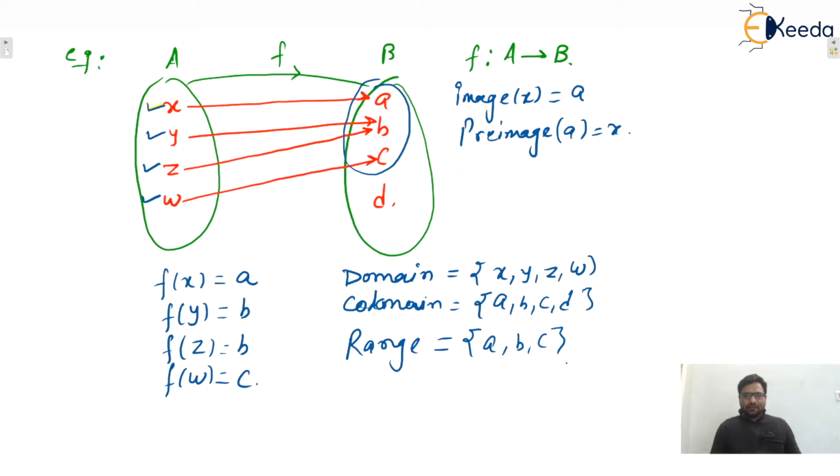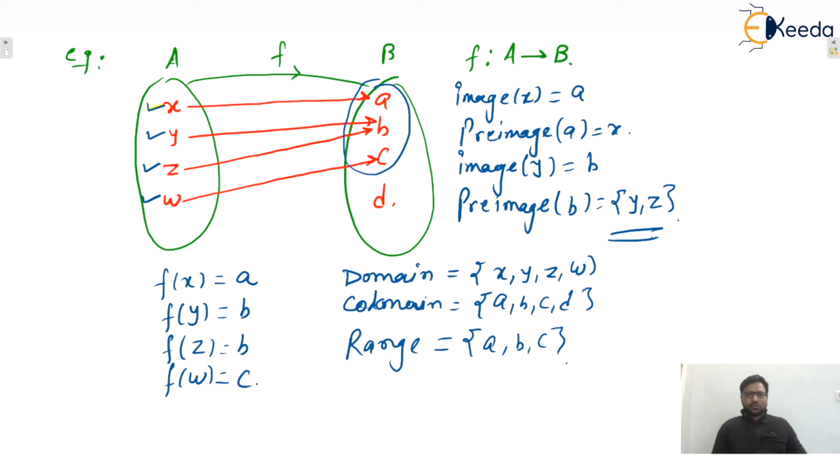Similarly, the image of Y is B, but the pre-image of B is y comma z. So these are the images and pre-images.